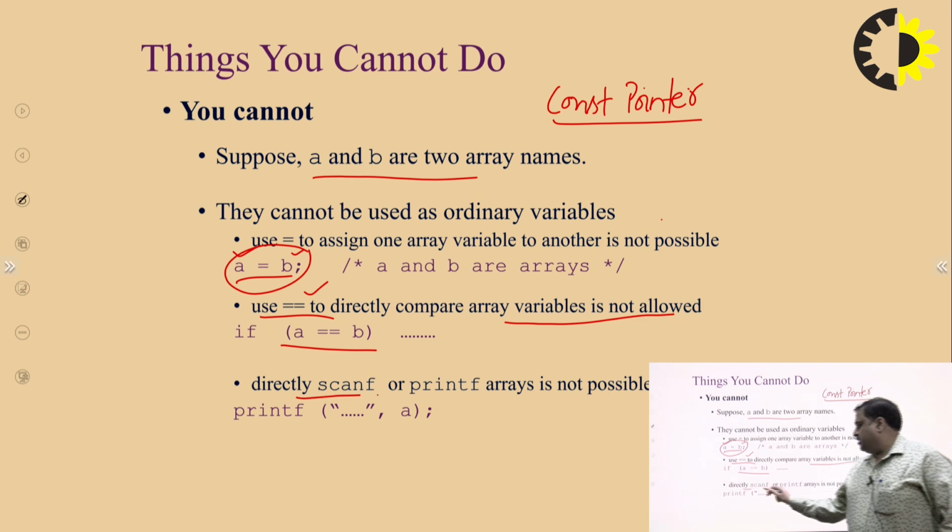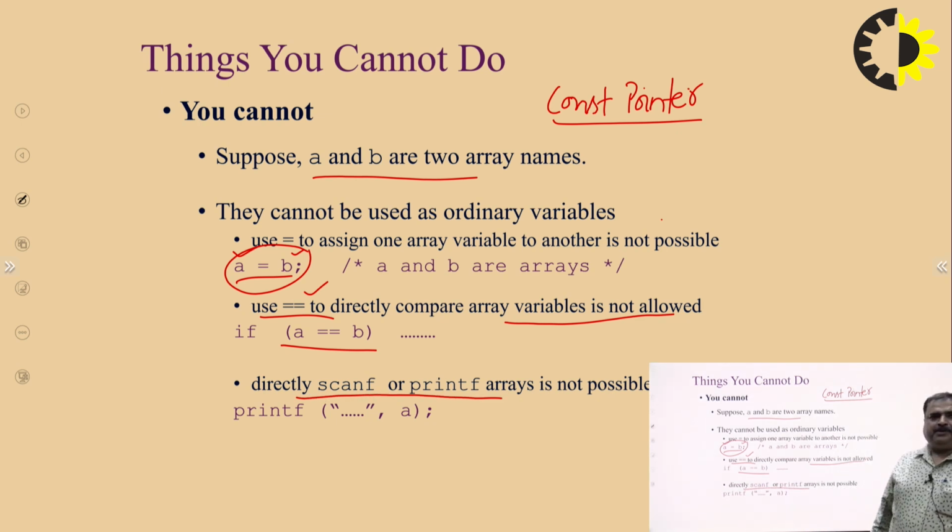Now, the scanf or printf functions which we use to read a variable or to display a variable cannot be used directly with the name of an array. An array cannot be read directly from the user using scanf, and it cannot be displayed directly on the screen using the printf function.